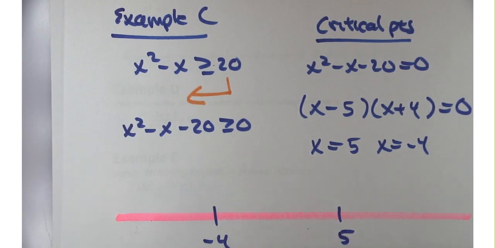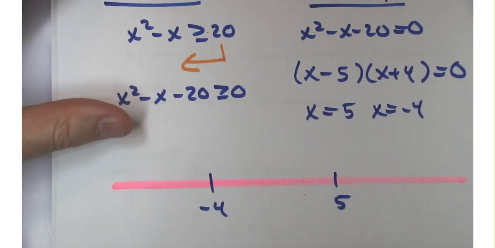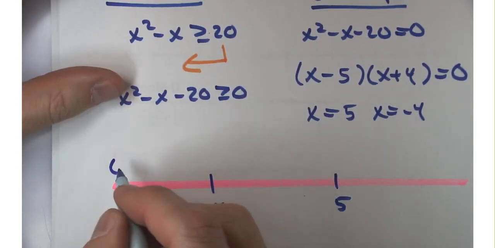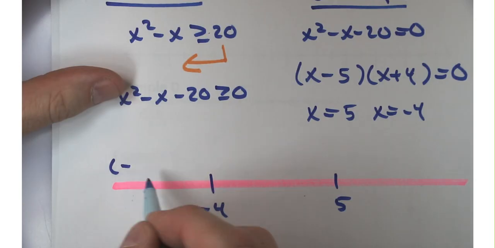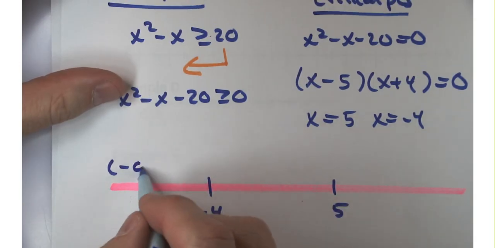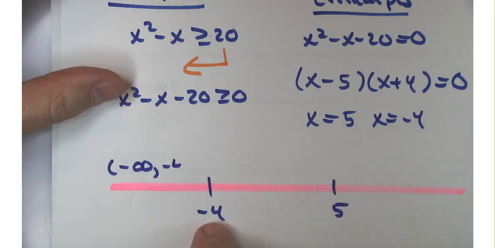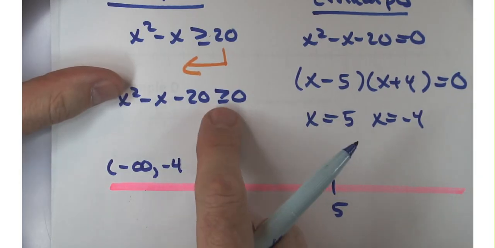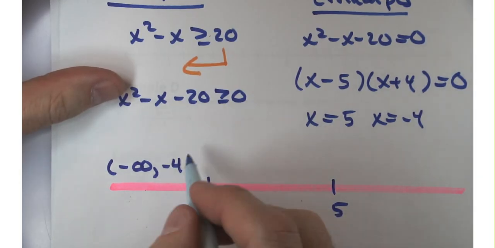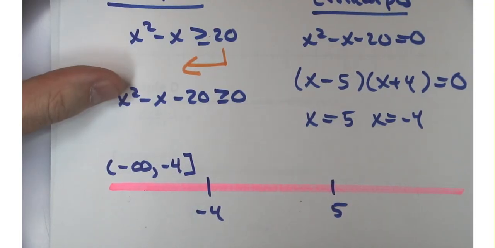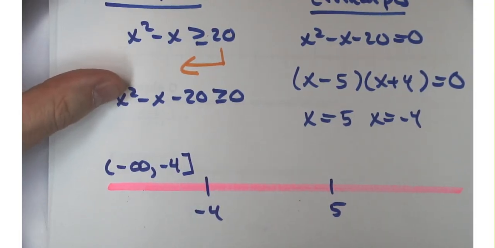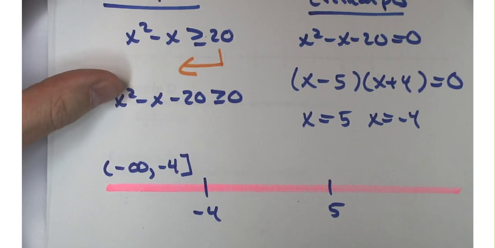Charlie, help me out. What are the intervals that I get here? What's the negative infinity? Negative 4. Now because this is a greater than or equal to, I'm actually going to put a bracket here because I can include the negative 4 this time. It's greater than or equal to that one.